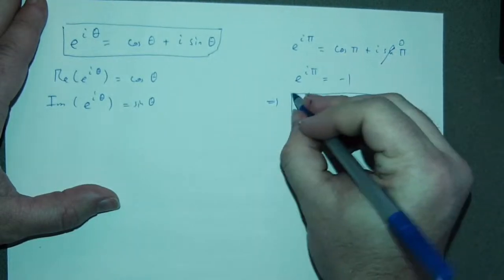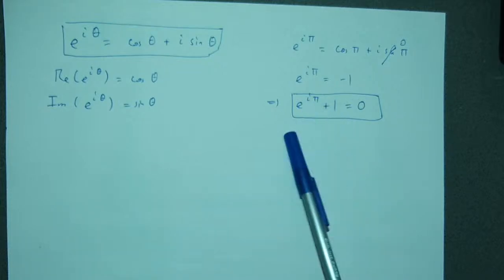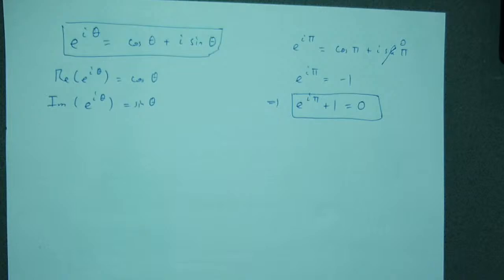This is sometimes called Euler's formula. And everybody likes it because it's a single formula that relates e, i, pi, 1, and 0. So it relates 5 very important constants in math in a single relationship. So there it is.